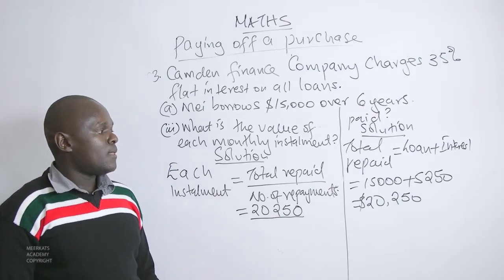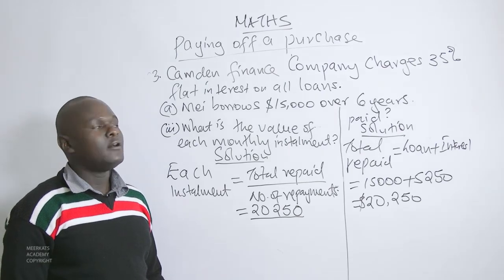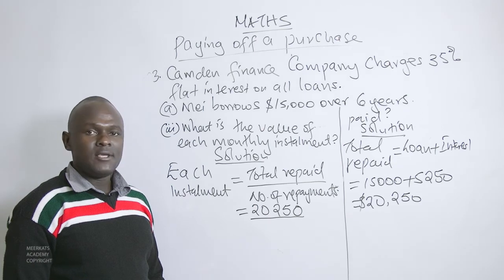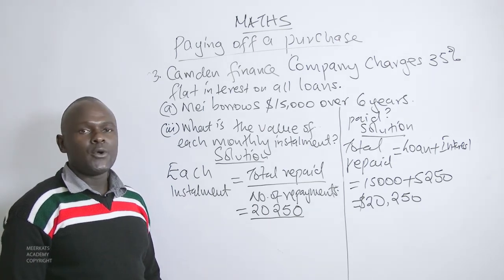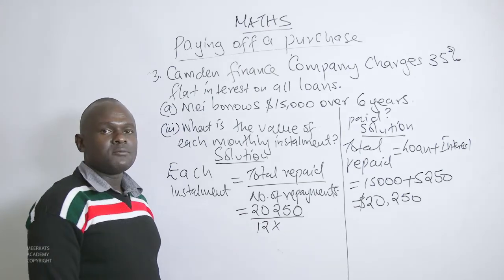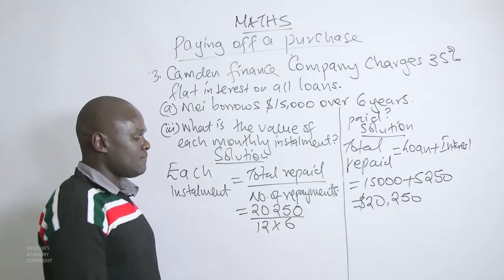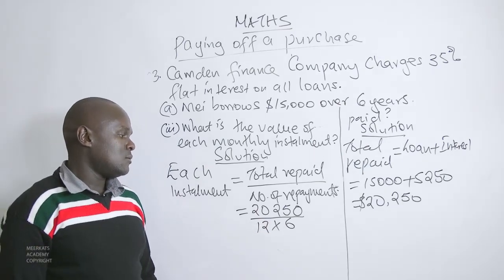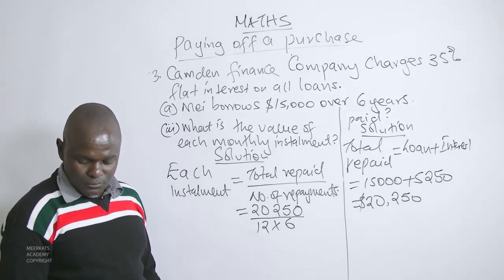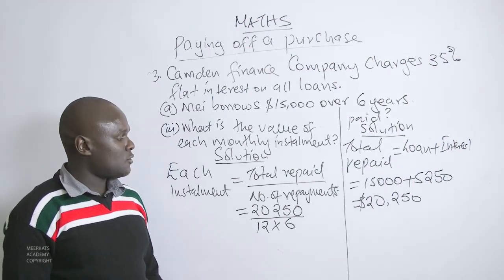What is the number of installments that we have? We are told we have 6 years, and in a year we do have 12 installments. And remember, we are talking about 6 years, so 12 times 6, this will give us 72 installments.